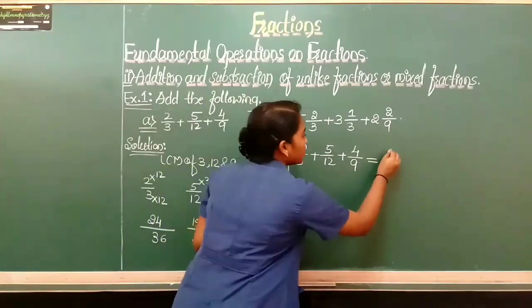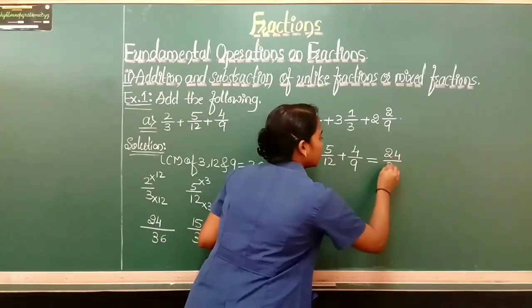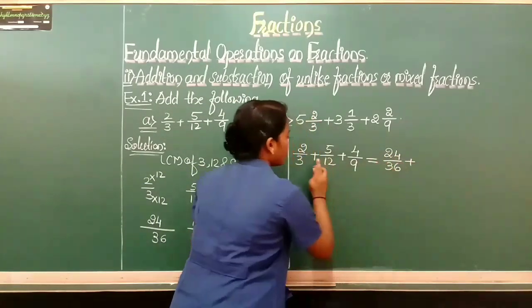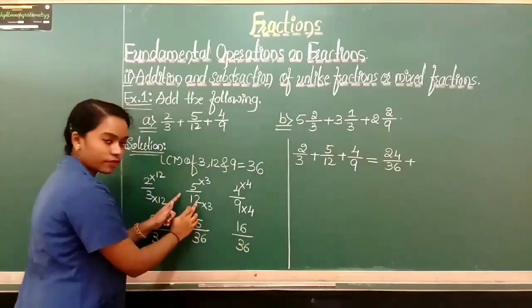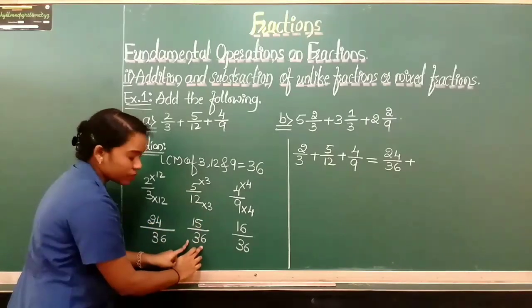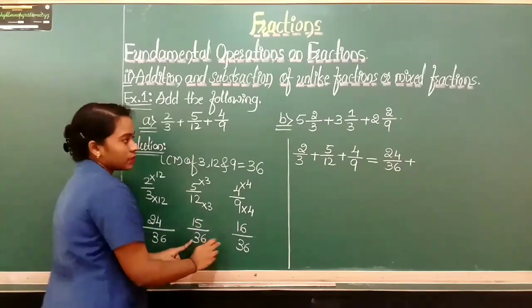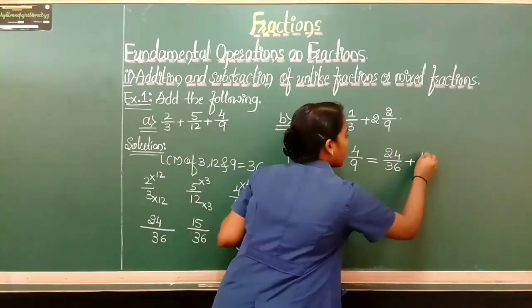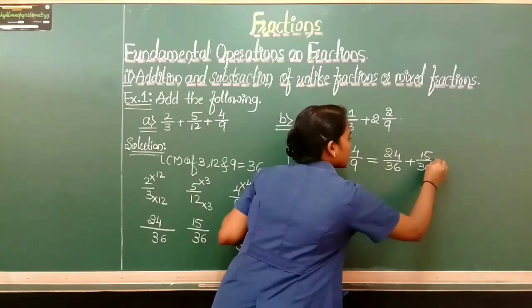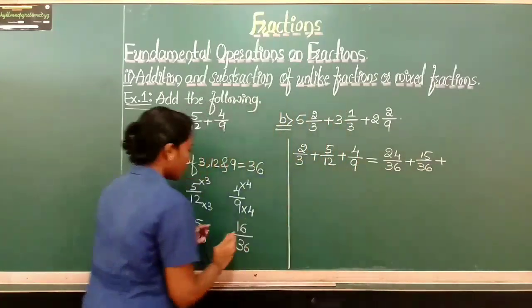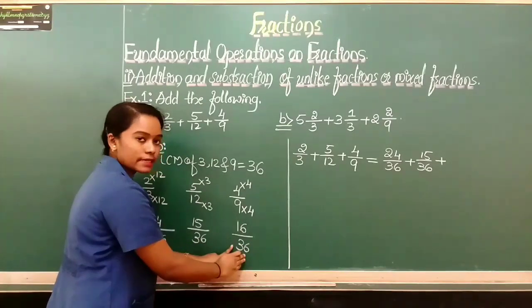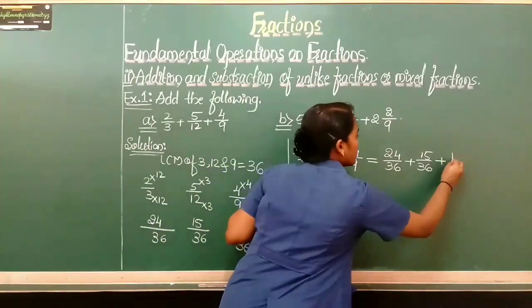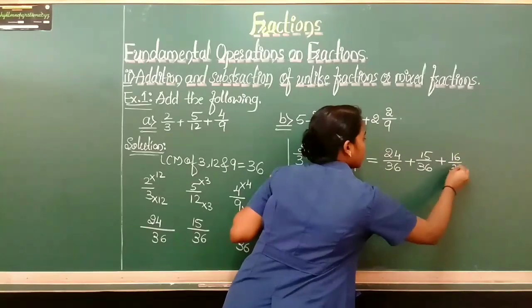Write it here, 24 by 36, plus symbol as it is. 5 by 12 is equal to the fraction 15 by 36. 15 by 36 plus 4 by 9, and 4 by 9 is equal to the fraction 16 by 36.